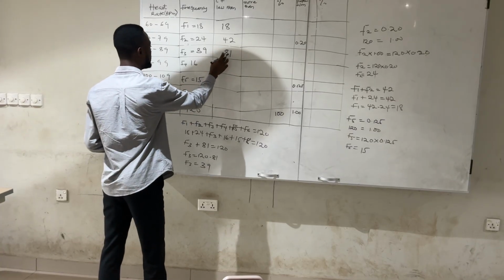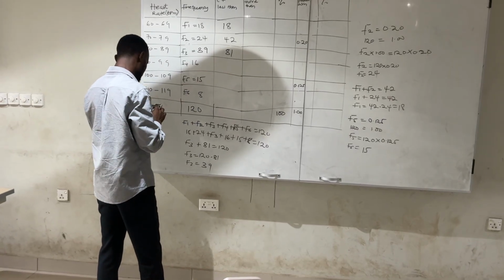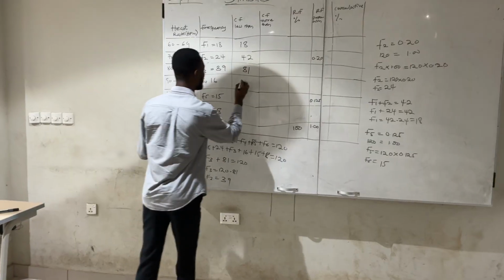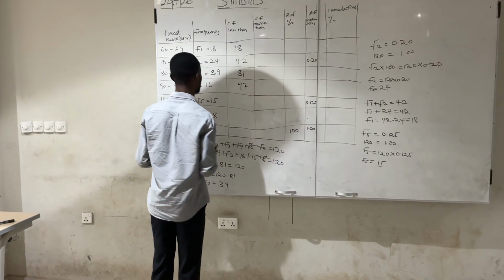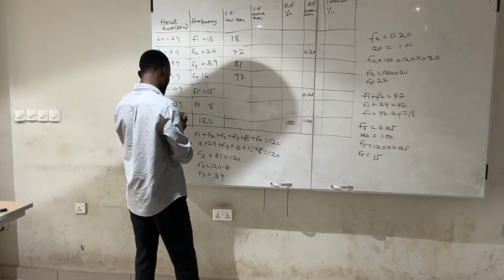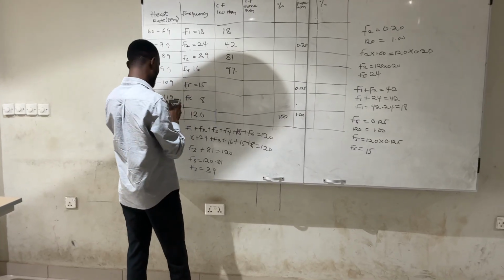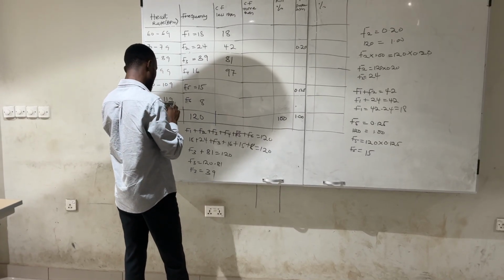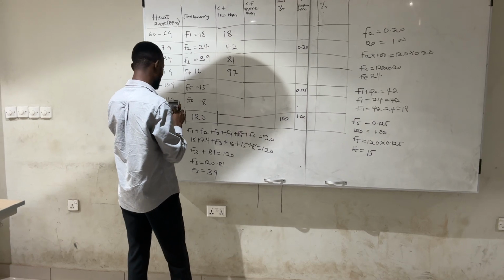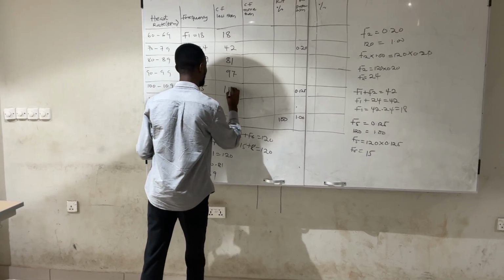Then 81 plus 16 is 97. Then 97 plus 15 gives us 112.